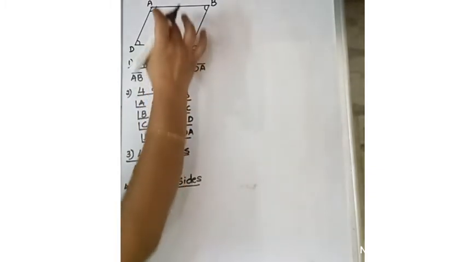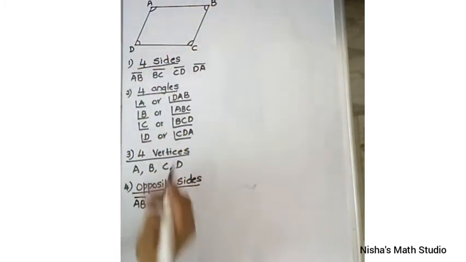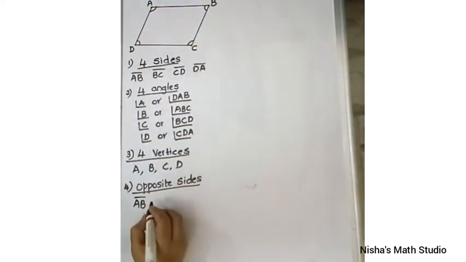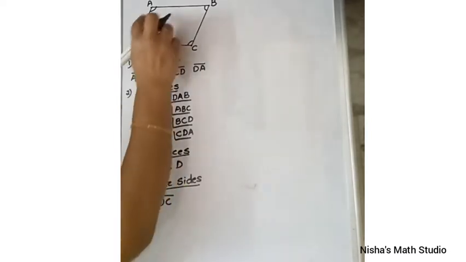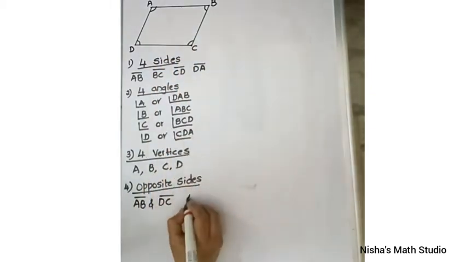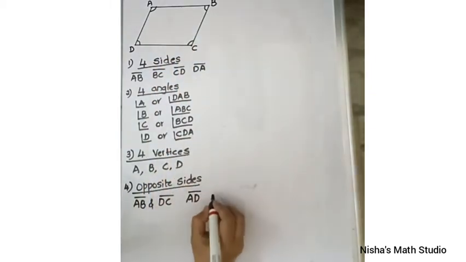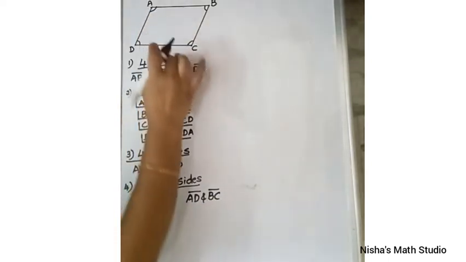AB, in front of that you have DC. These are the parallel or the opposite sides. AB and DC, one pair of opposite sides. One more pair is AD and BC. So you will have two pairs of opposite sides.